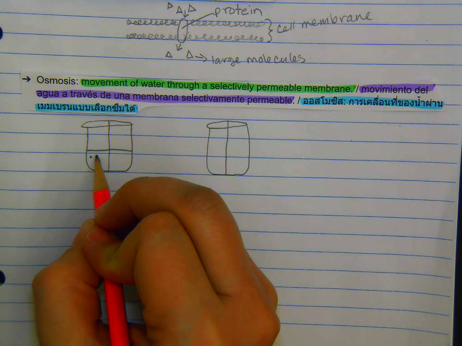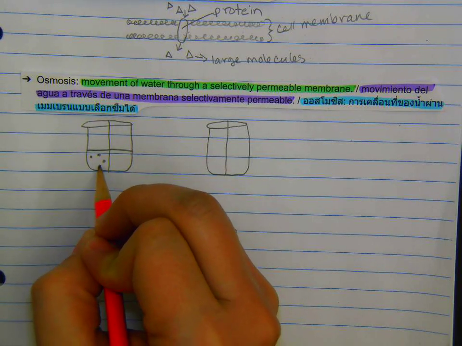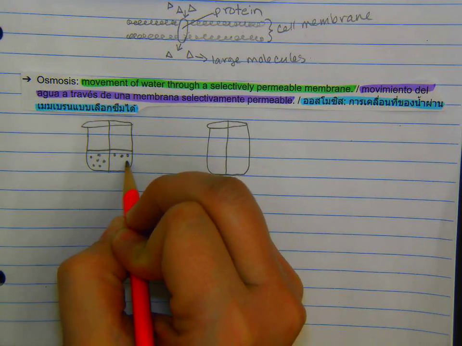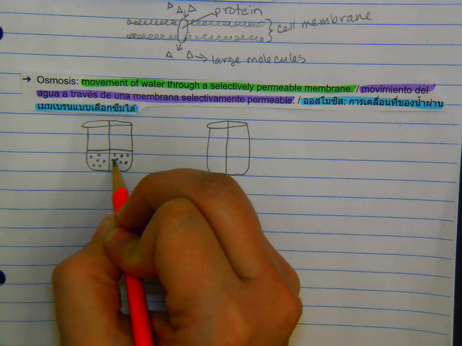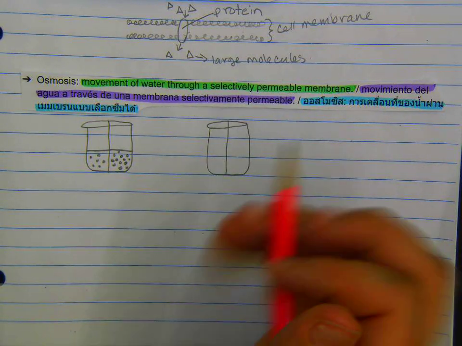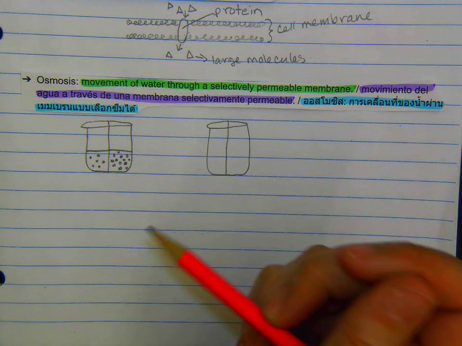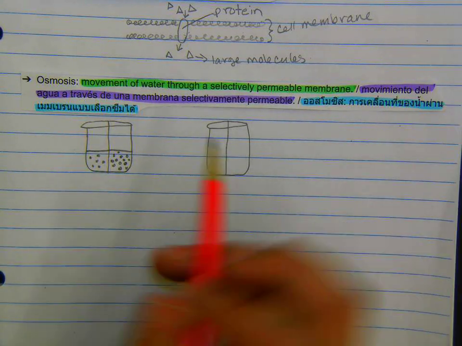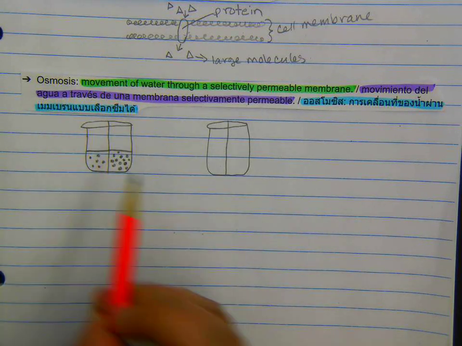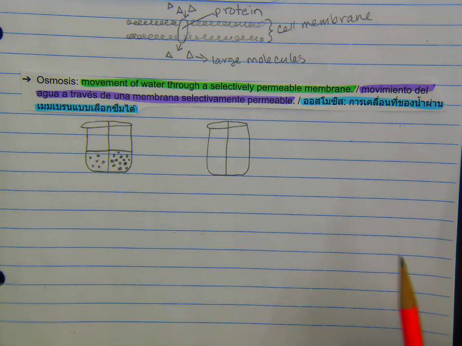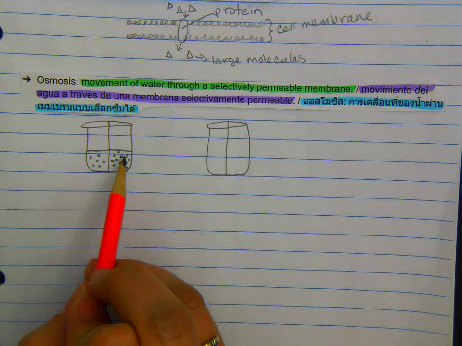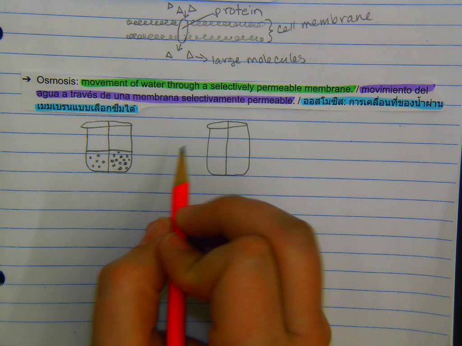One side has a relatively low concentration of particles, and the other side has a lot of particles. Now, in our other types of diffusion or active transport, these particles that we drew would move. But in osmosis, the water is going to move. So we start with a low concentration and a high concentration at the same levels.